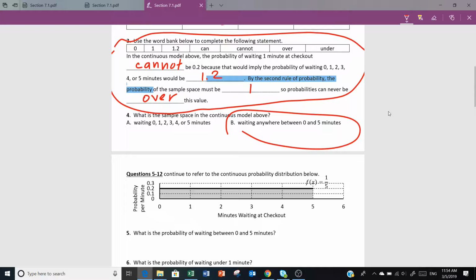So we have to define probability a little bit differently. Instead of saying that this axis, or the f of x equals 1 over 5, is probability, it actually says probability per minute.